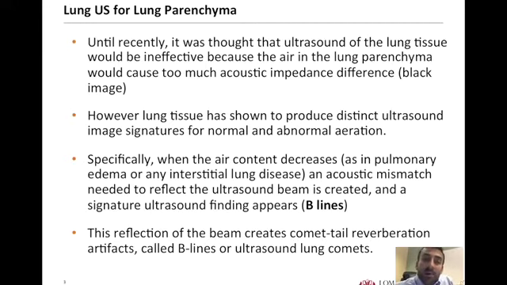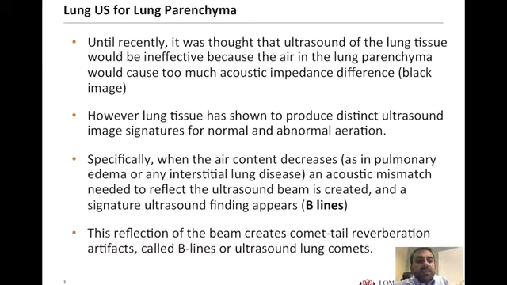The less uniform the aeration of the lung tissue, the more artifact signatures result. Thus, the more the air content decreases in the lung fields being insonated by the ultrasound image, the more signatures of artifact we can detect.